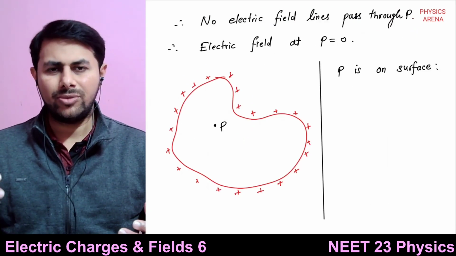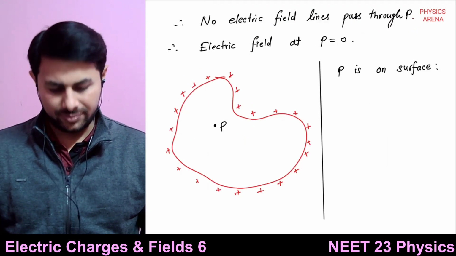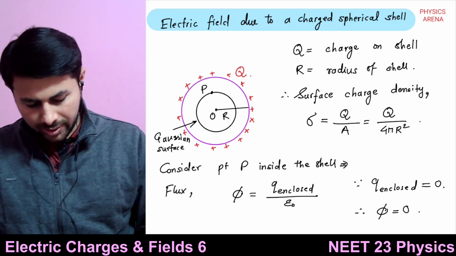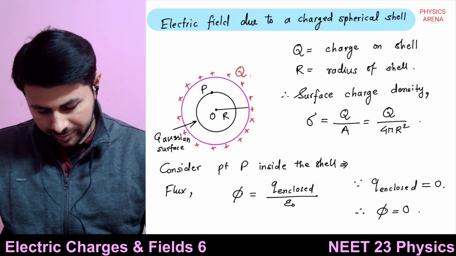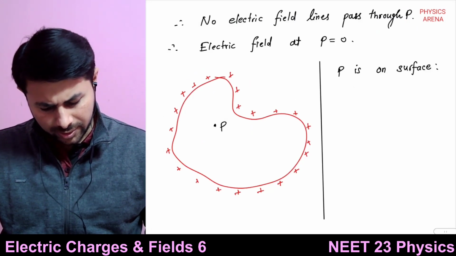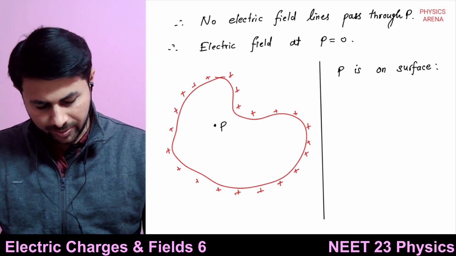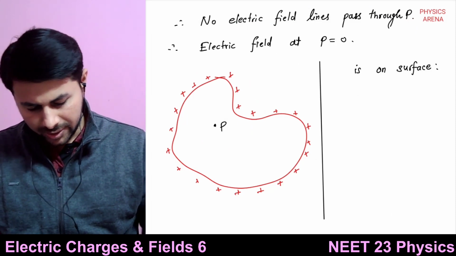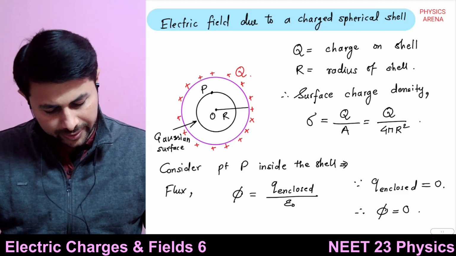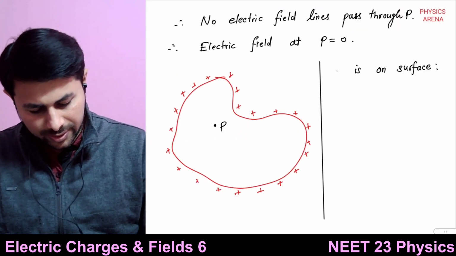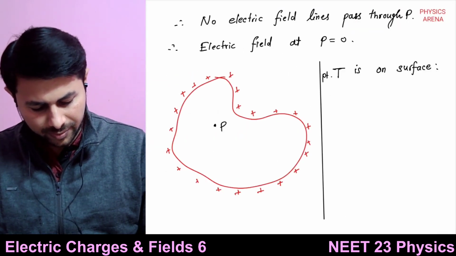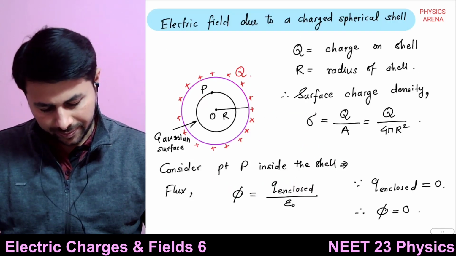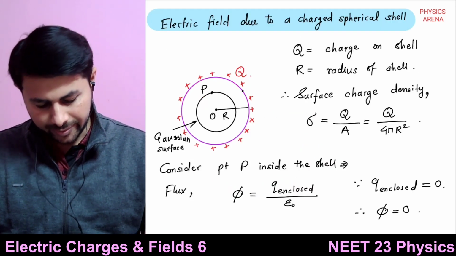So now how much would be the charge enclosed? Okay, before that, let's take some other point, S, T. Let's suppose point T is on the surface. Okay, this is the point.